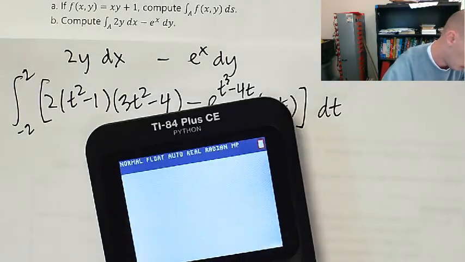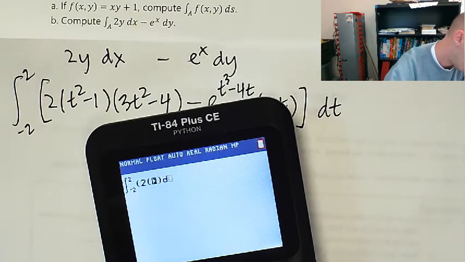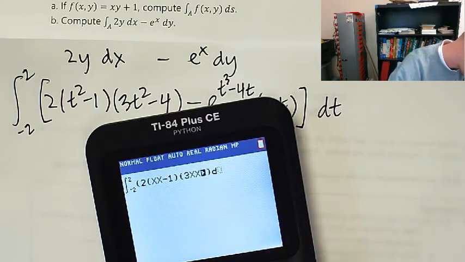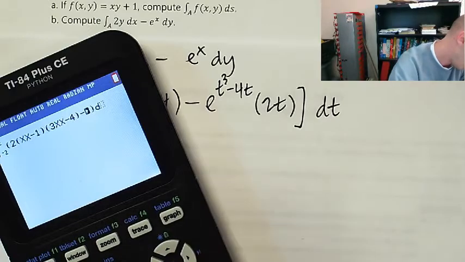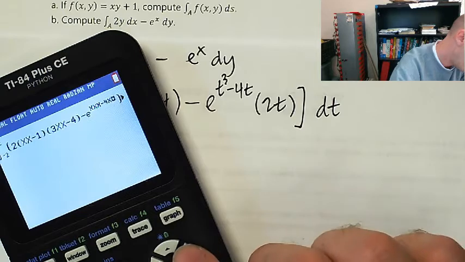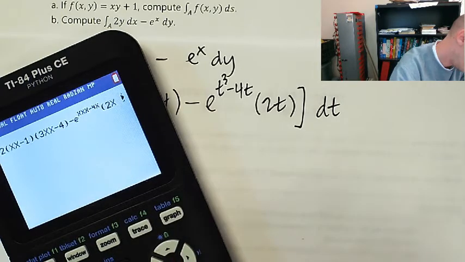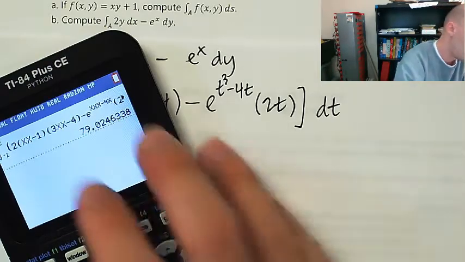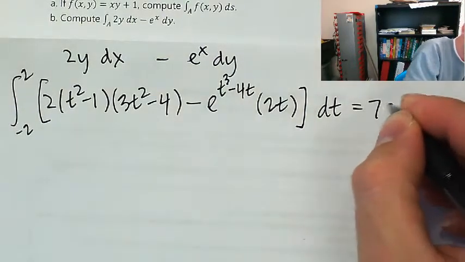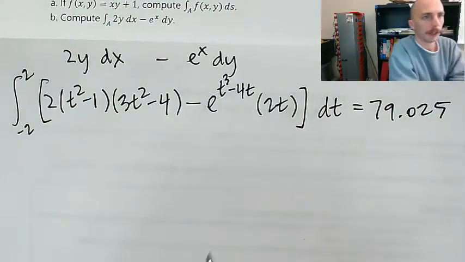So I'm going to go ahead and call this integral from -2 to 2 of 2 times t squared minus 1 times 3t squared minus 4, minus e to the t to the 3 minus 4t multiplied by 2t dt. 79.025. Okay, that was number 3.